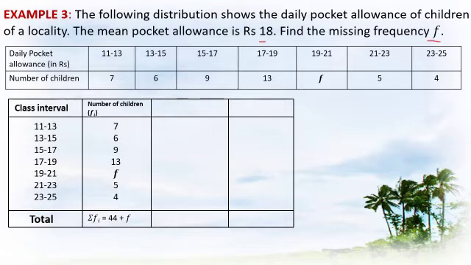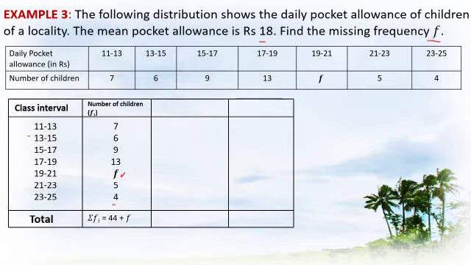The data is given: 11 to 13, the frequency is 7. 13 to 15, frequency is 6. 15 to 17, frequency is 9. 17 to 19, frequency is 13. 19 to 21, frequency is not given. 21 to 23, frequency 5. 23 to 25, frequency is 4.